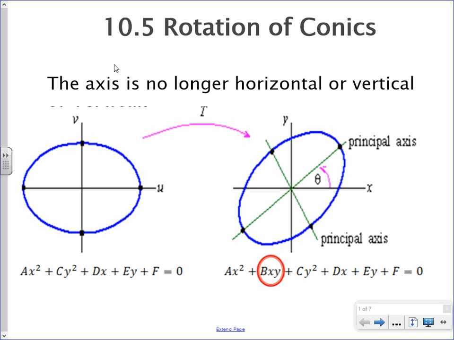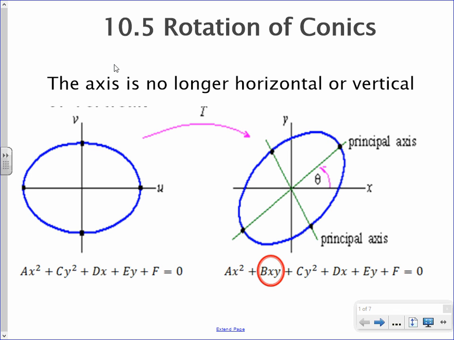Okay, now how do we know that we have a rotated conic? Here is the general form of a regular conic. Here is the general form of a rotated conic. What is additional? The XY term.